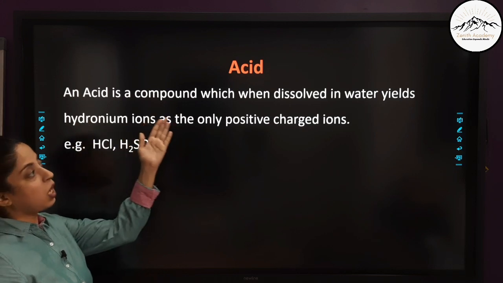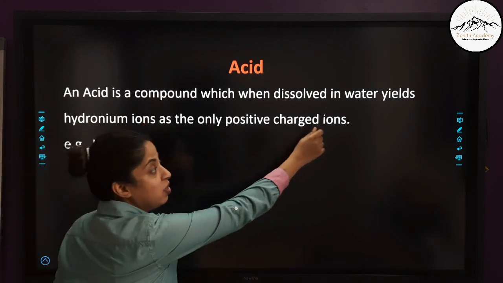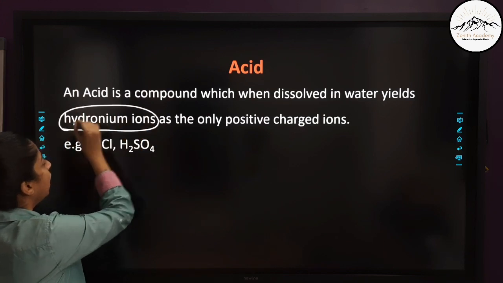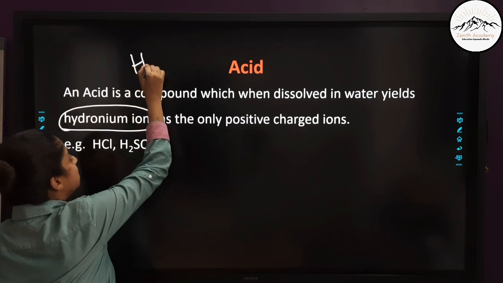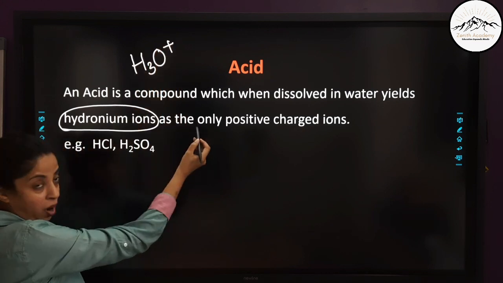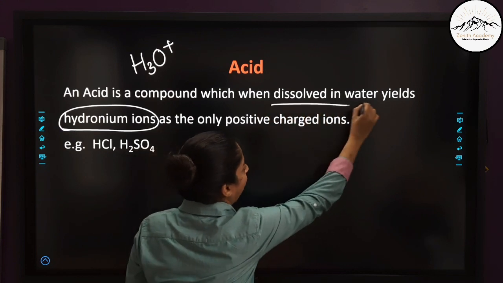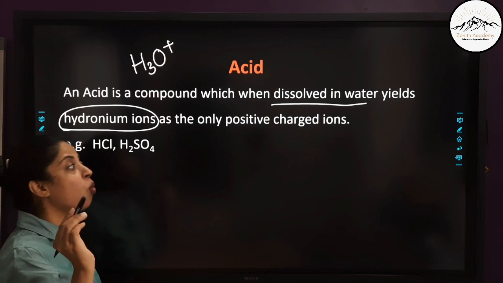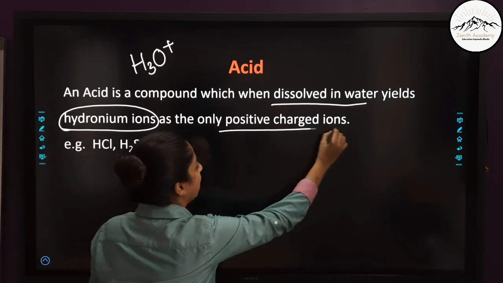So an acid is a compound which when dissolved in water yields hydronium ions. What are hydronium ions? H3O plus. Acid is a compound which when dissolved in water yields, that is gives out, hydronium ions as the only positively charged ions.